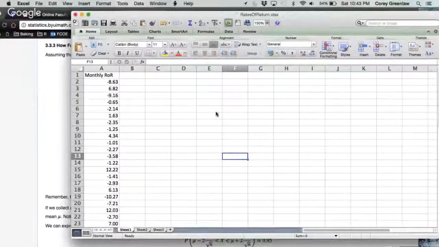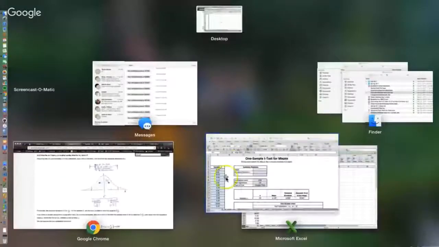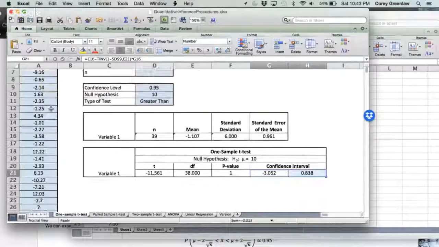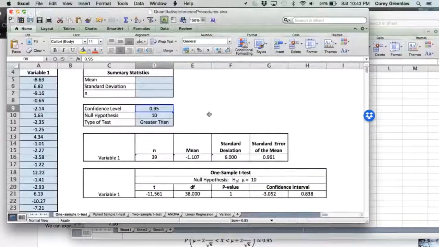So let's do that. First we open up our rate of return. Here's the rate of return file that I opened up, and I've copied that and pasted it into our one sample t-test for means. There's the values. We've said that it's a 95% confidence interval.